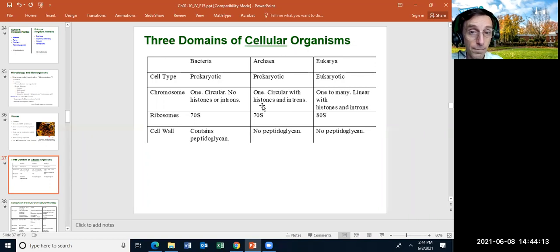The archaea are similar in that they have one chromosome, and that chromosome is generally circular, but it differs from the bacteria in that you can find histones and introns in the DNA of the archaea, meaning on the chromosome of the archaea.